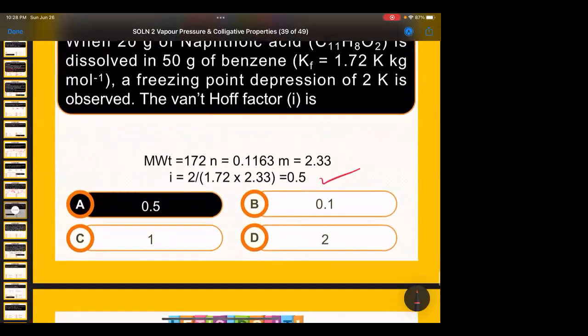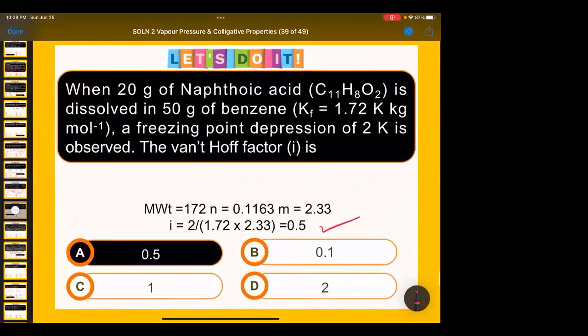So these are the numericals related to the van't Hoff factor. Now tell me, what should we start from next time for questions? You can share it with me.